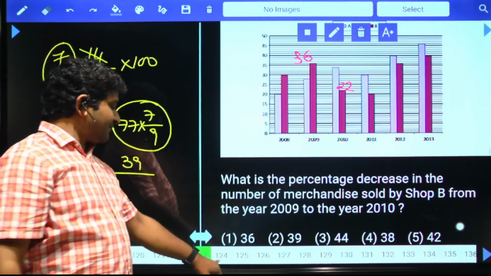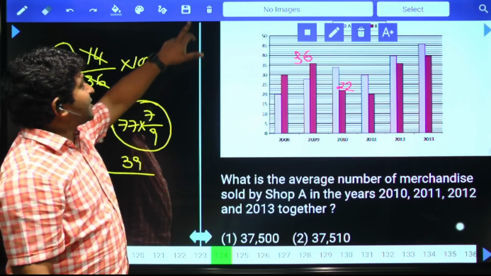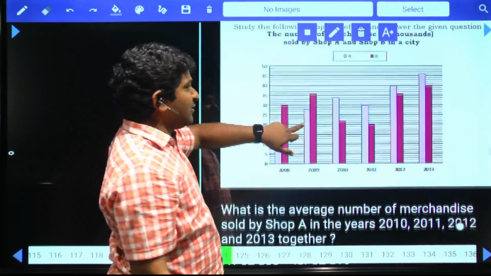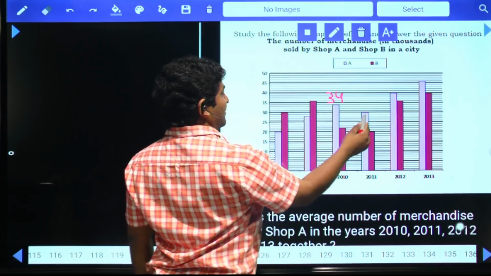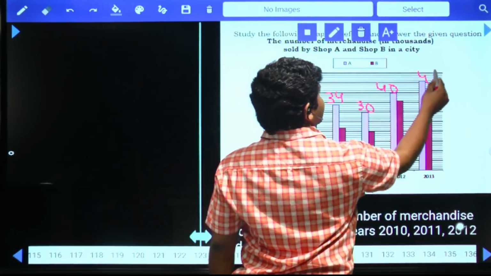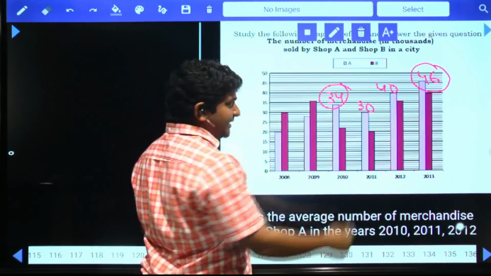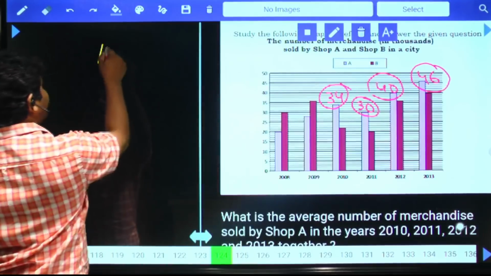Second option is the answer. What is the average number of merchandise sold by A in the years 2010, 11, 12, 13 together? These values are 34, 30, 40, 46. 46, 34 is 80, 40, 30 is 70, total 150.